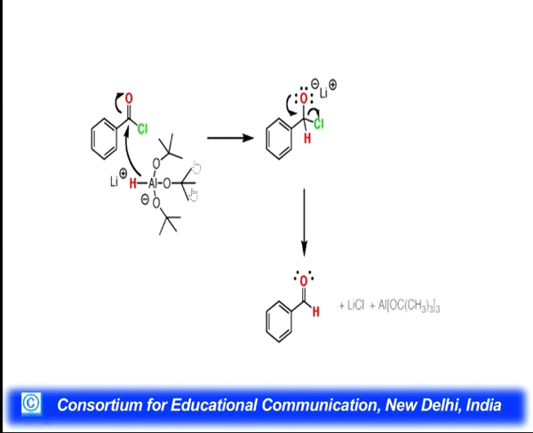Now if you look into the structure of this tertiary butyl aluminium hydride, we find that this reagent is bulky, whereas lithium aluminium hydride is a small reagent. Secondly, this molecule has only one hydride which it can shift, so the rate of the reaction becomes slow.